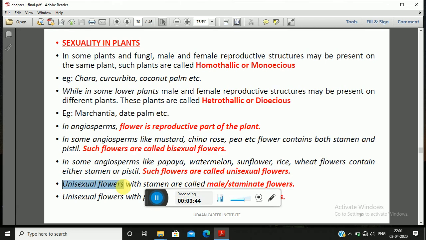Unisexual flowers with stamen are known as male flowers or staminate flowers, whereas unisexual flowers with pistil are known as female flowers or pistillate flowers. So this is how we can classify sexuality in plants: either the plant is homothallic or heterothallic, or a flower is bisexual or unisexual.